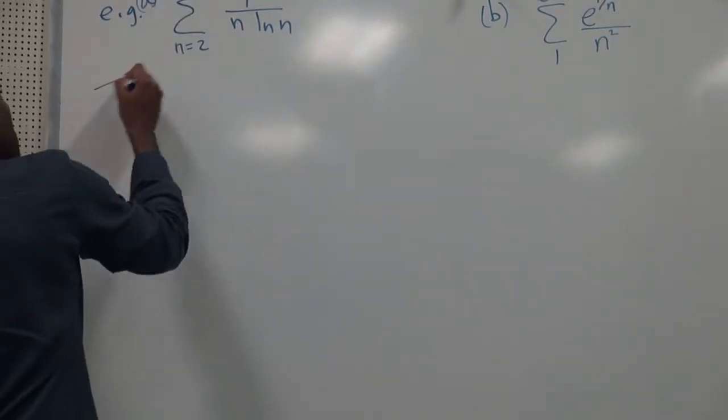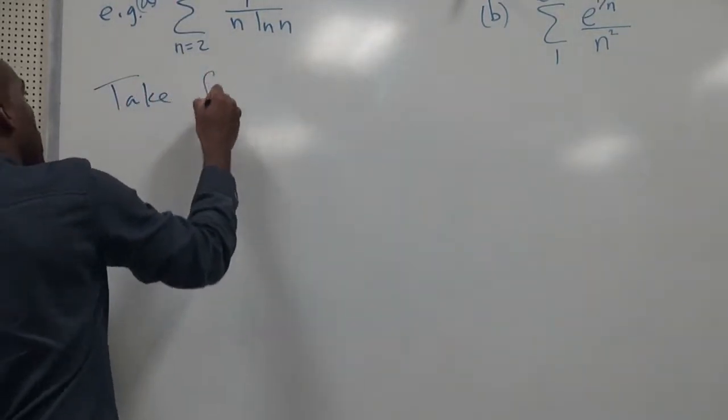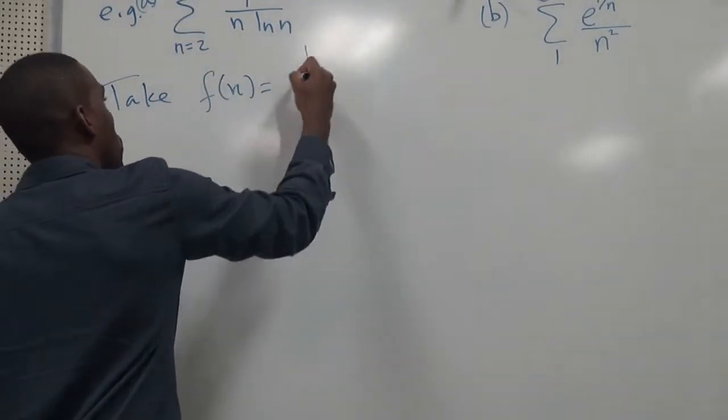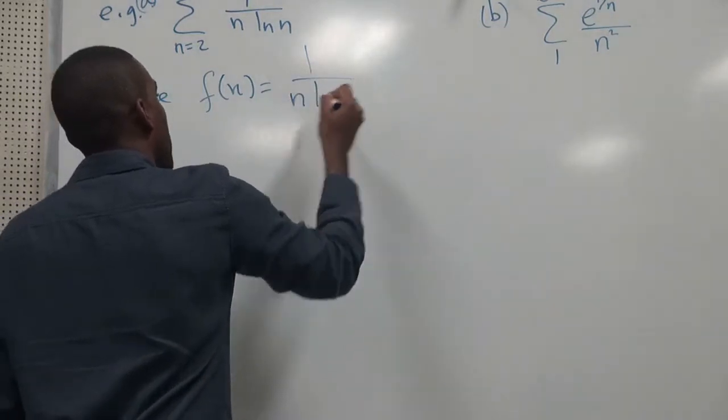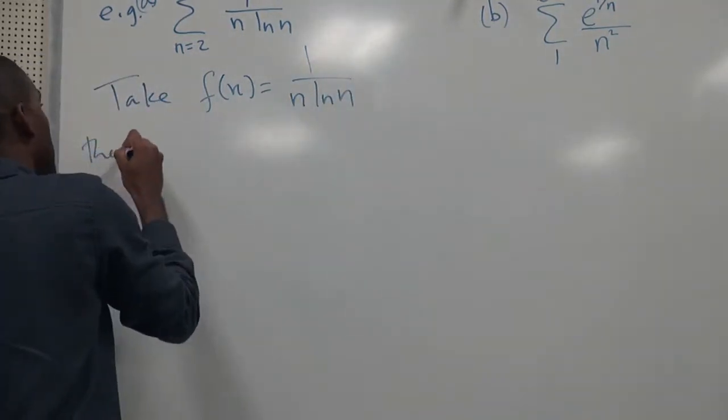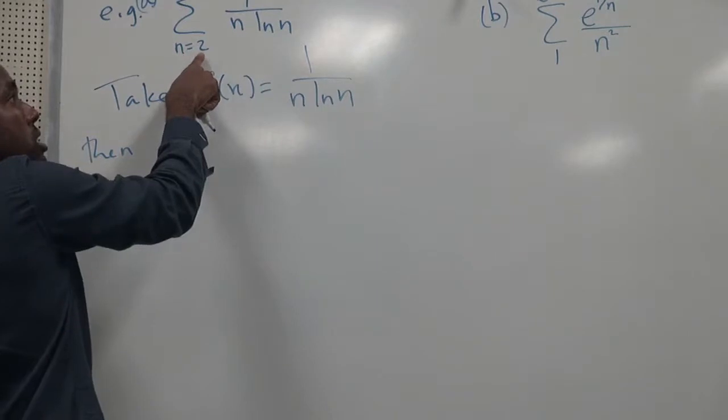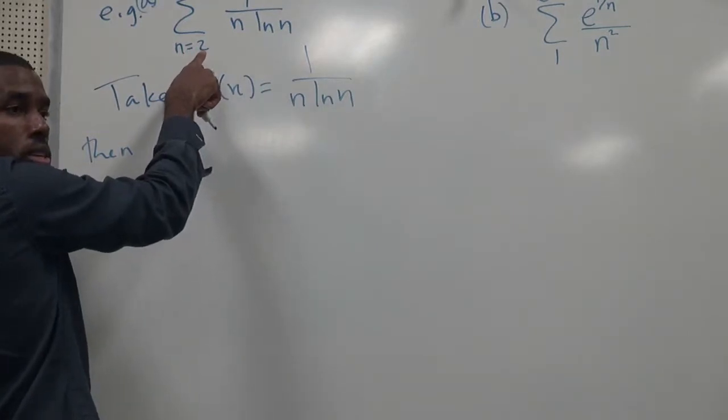However, here, if I take f(n) equal to 1 over n ln n, then notice that f on this interval is actually continuous because I never divide by 0.